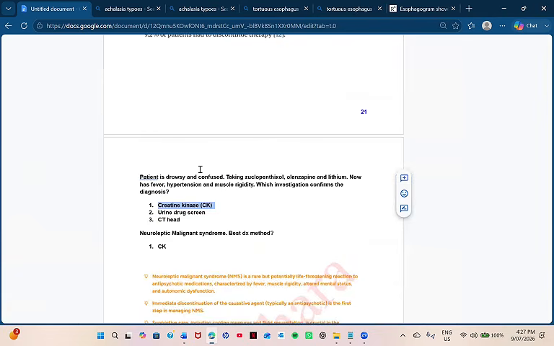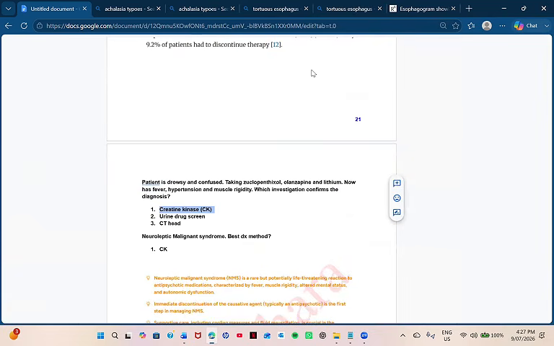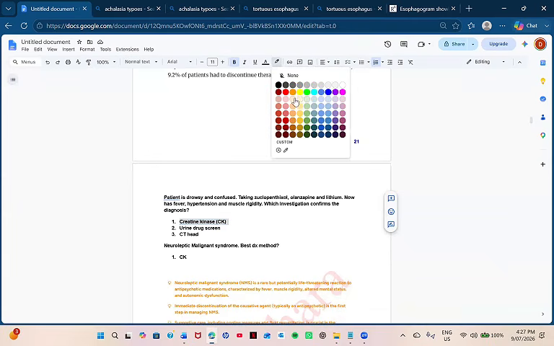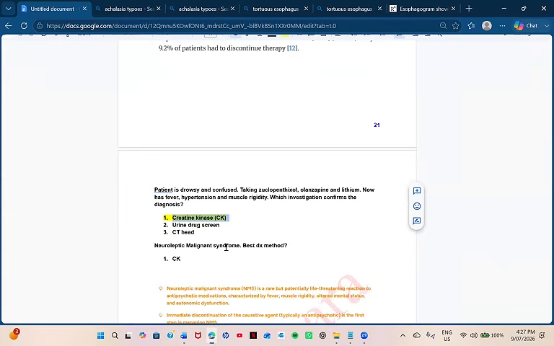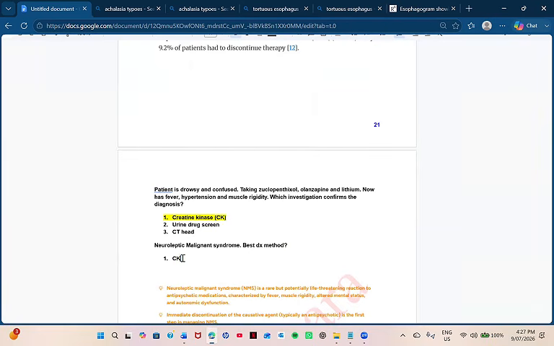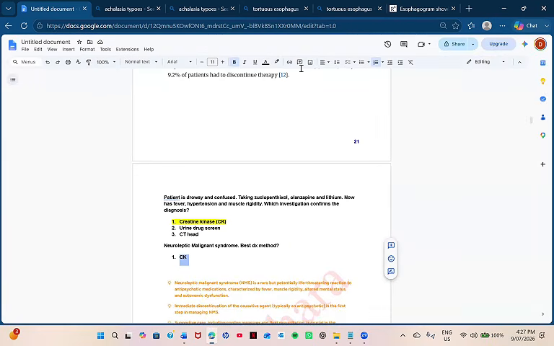But given all these things, the creatinine kinase, CT, and those things, the better one to go with is CK, because it can be associated with this rigidity, right? So in that case, we can go with CK.